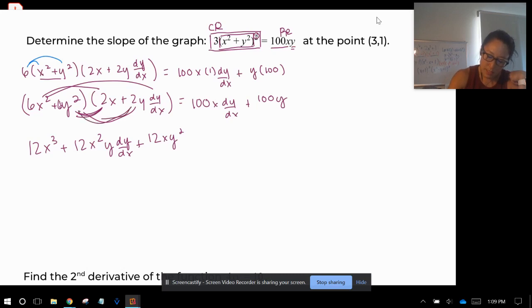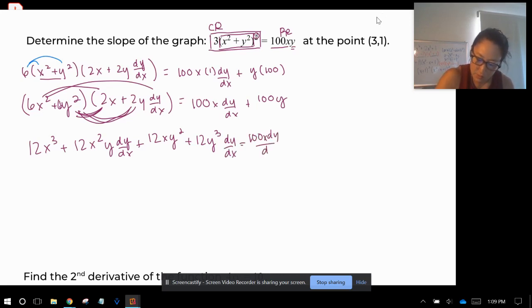And then the last here would be plus 12y cubed dy/dx is equal to 100x dy/dx plus 100y.